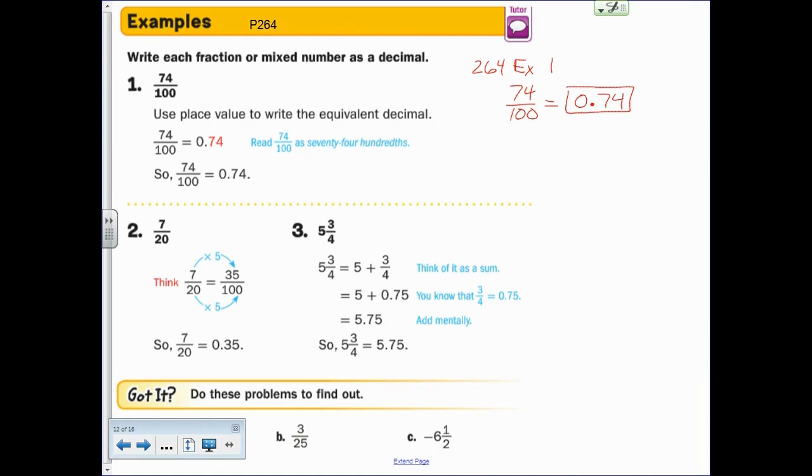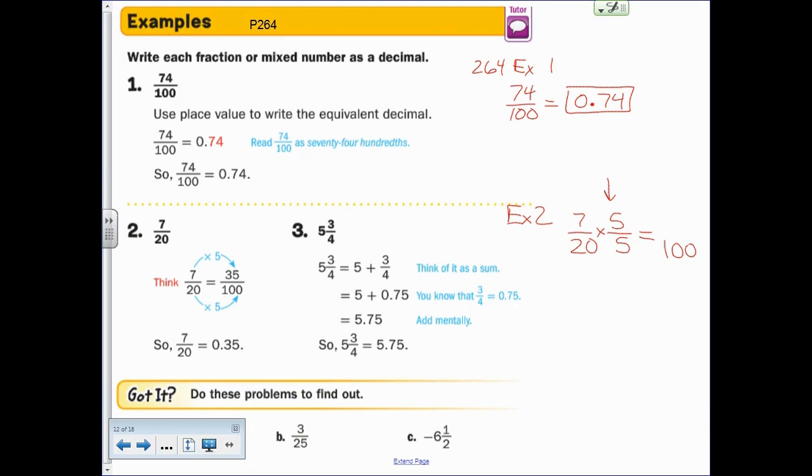Example 2, though, is not quite as simple. You have 7 over 20. Well, 20 is not 10, 100, or 1,000, but 20 is a factor of 100. There is a number I can multiply times 20 to get 100. And that's what you want to do. You want to multiply not only the bottom, but the top by 5. Remember, that fraction is equal to 1.